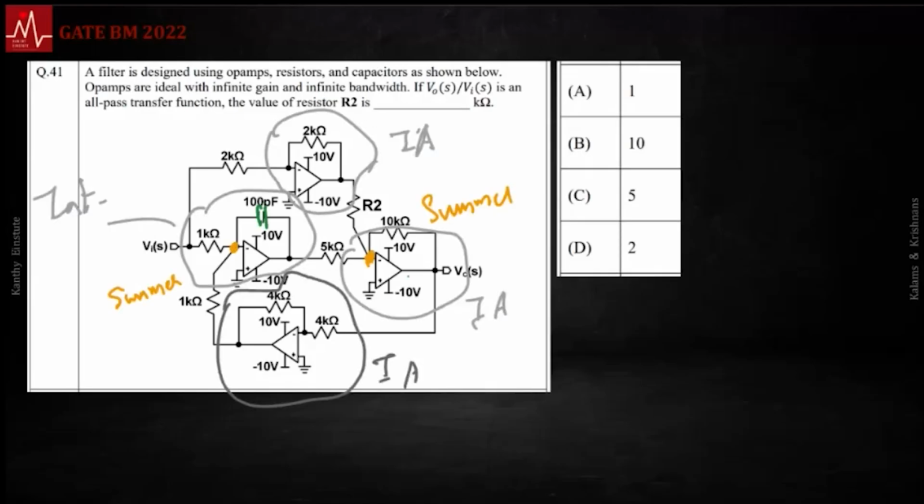So I already told you there is an inverting amplifier here. There is an inverting amplifier here. There are two summations going on here. There is an integrator there. Then let's follow the dots.